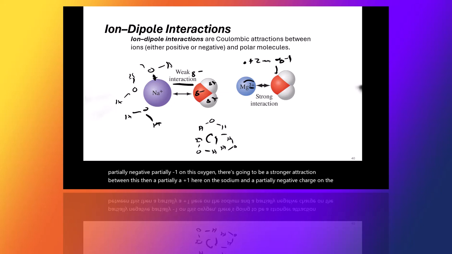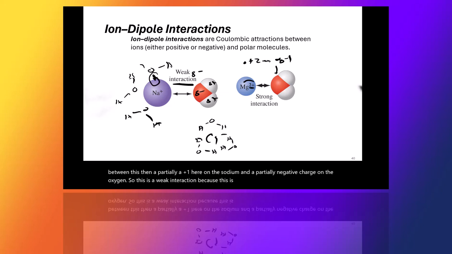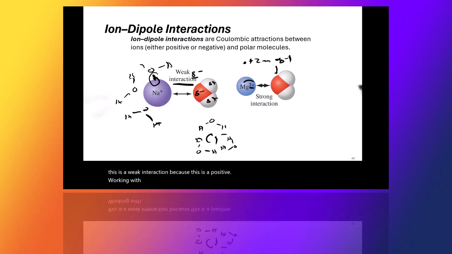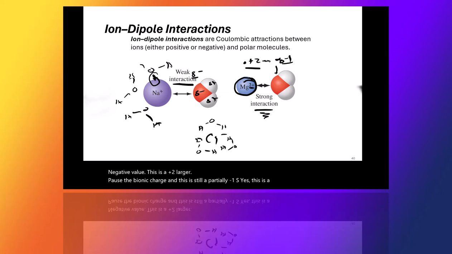So this is a larger positive ionic charge with a partially negative 1. So yes, this is a strong interaction. This would be a weak interaction.